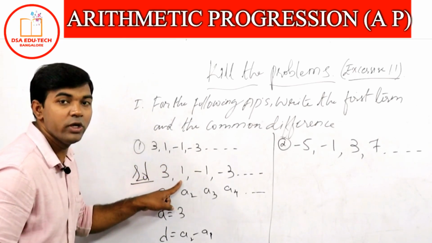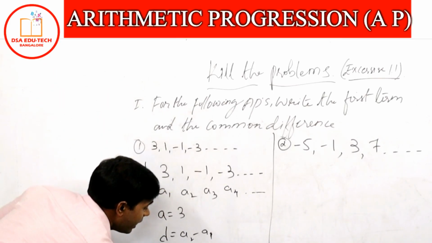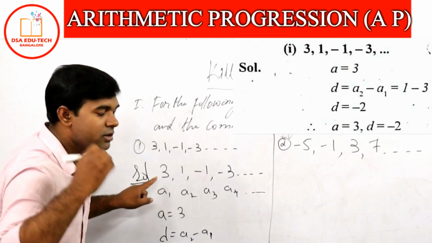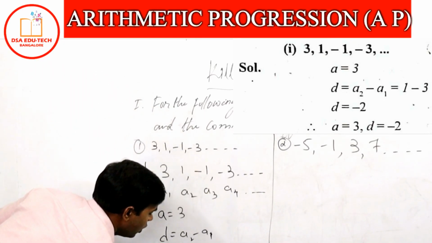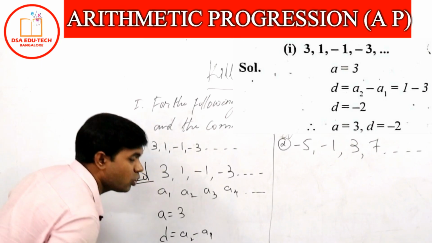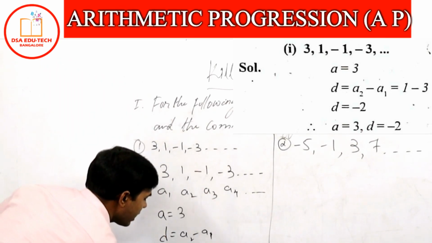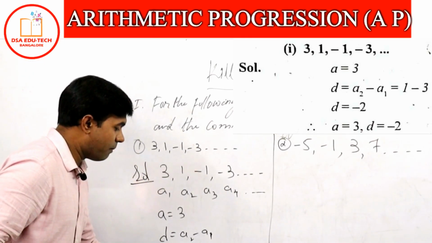We are having A2 is 1. Very good. And A1 is how much? 3. So D is equals to 1 minus 3, which is minus 2. So we are having D value as minus 2.